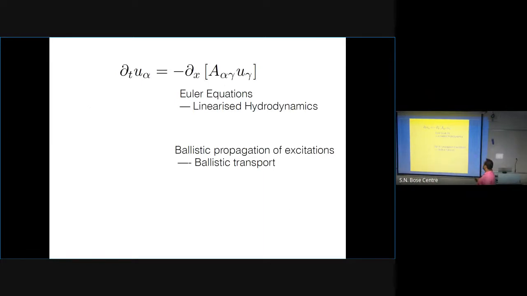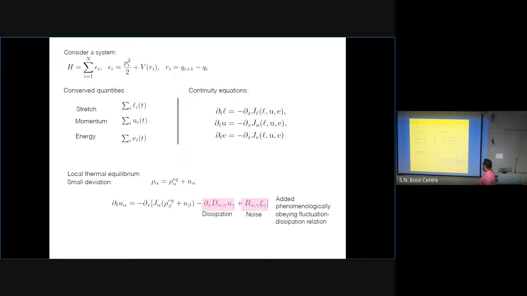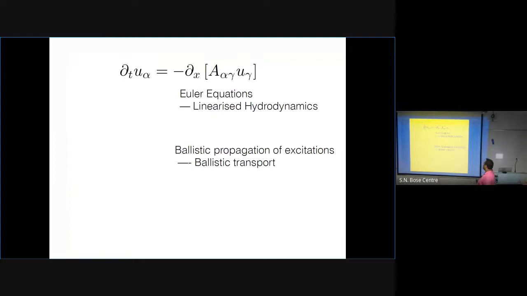In these Euler equations, the u's are the deviation from the global equilibrium value. So any excitation in this equation propagates ballistically, because this is a constant matrix. It's like del t u equals some A del x u. If you diagonalize this, it will give you some velocities. So there will be some ballistic propagation.